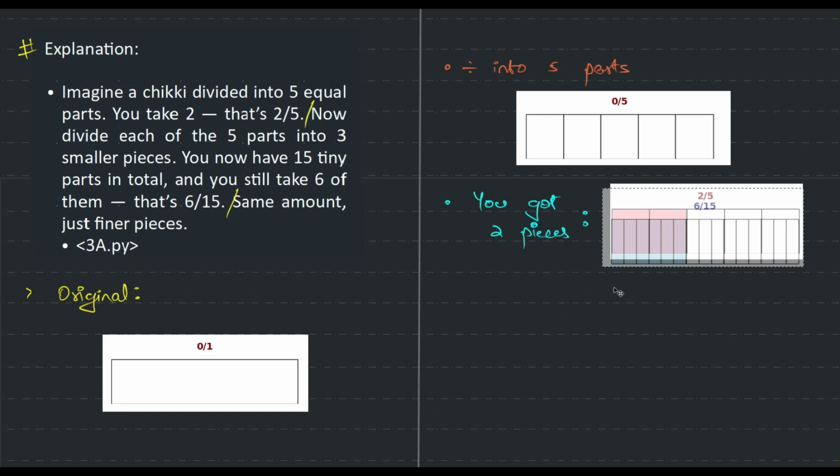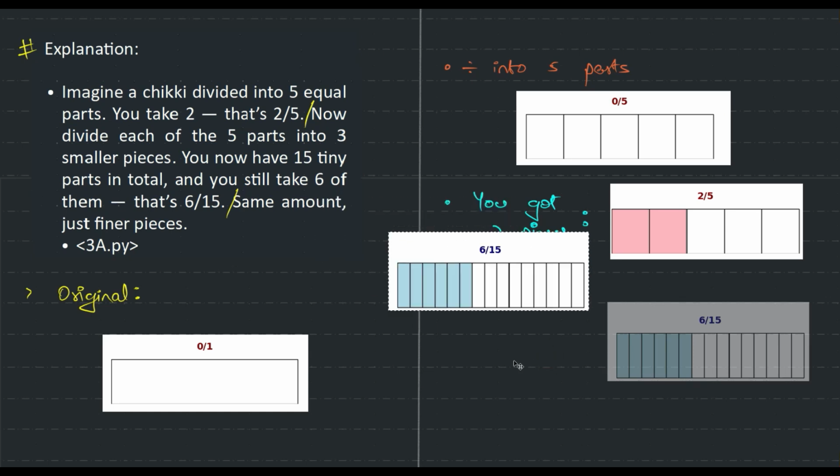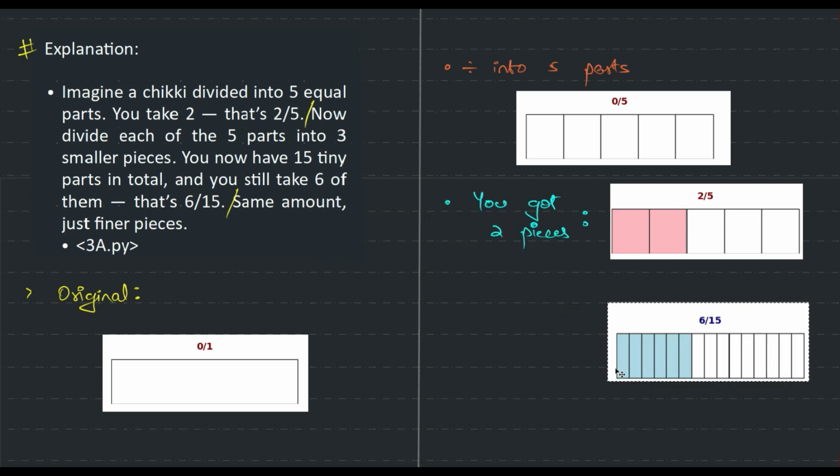The quantity looks the same. So this is the second case. Another chickpea piece, and this is what has happened. Can you see that you end up eating the same quantity? 2 by 5 is the same as 6 by 15.